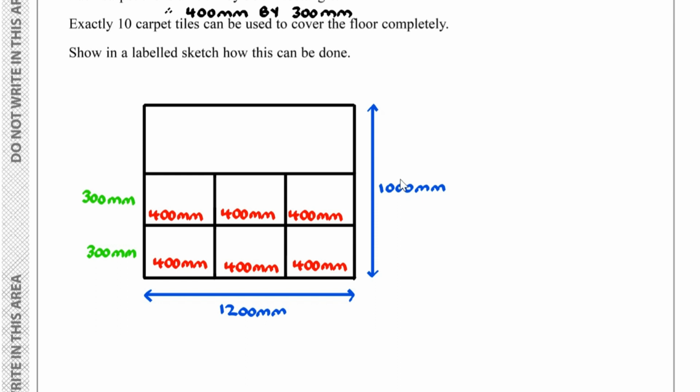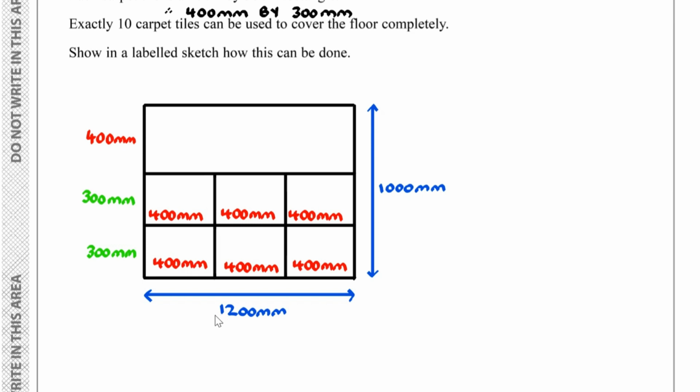Now what's left is 1000 take away the 300 take away another 300. This will be 400. So what we can see then is this way we can rotate this essentially.